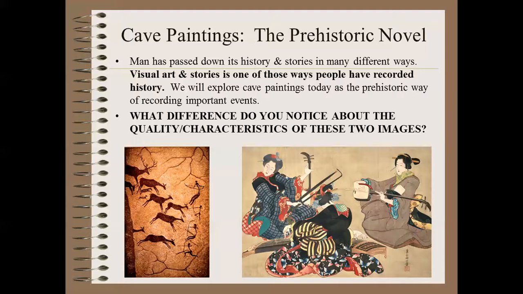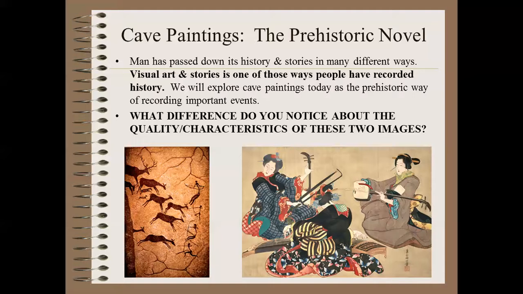When you look at these two images and compare them, think about things you could have written down. Did you write down anything about the image on the left being flat? Did you write down anything about the image on the right having details, color, texture? Those are some examples of differences, but there are other things you could have written down as well, because they are vastly different in the way they're set up.